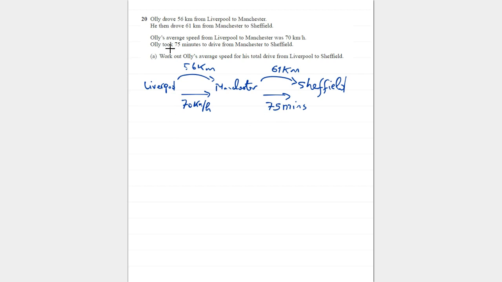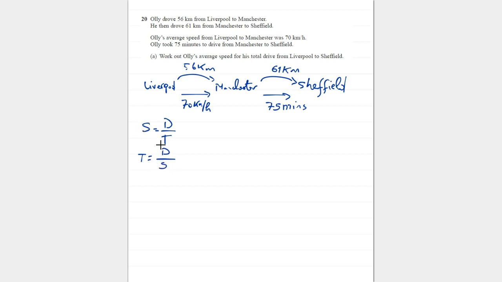We need to calculate the average speed from Liverpool to Sheffield. In order to do that, you need to work out the total distance and divide it by the total time, because the formula, you know it, speed equals distance over time. Therefore the time is distance divided by speed.